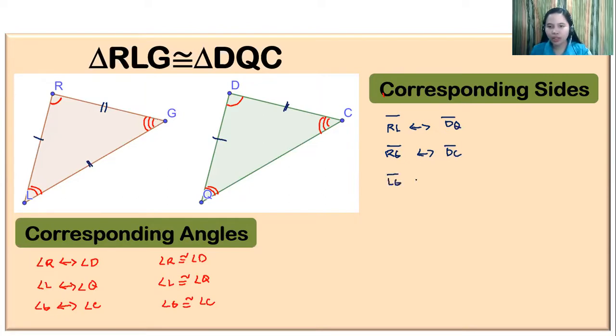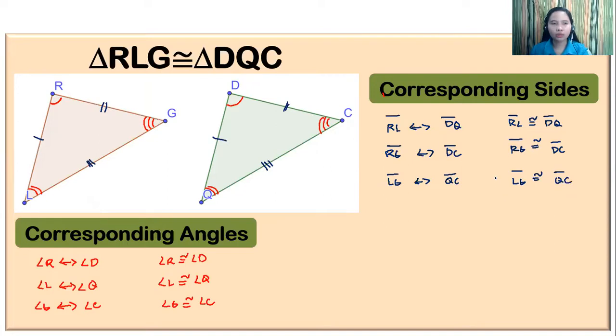Segment LG corresponds to segment QC. And then like what I've said in CPCTC, corresponding parts of congruent triangles are congruent. So we can say that segment RL is congruent to segment DQ, segment RG is congruent to segment DC, and last one, segment LG is congruent to segment QC.